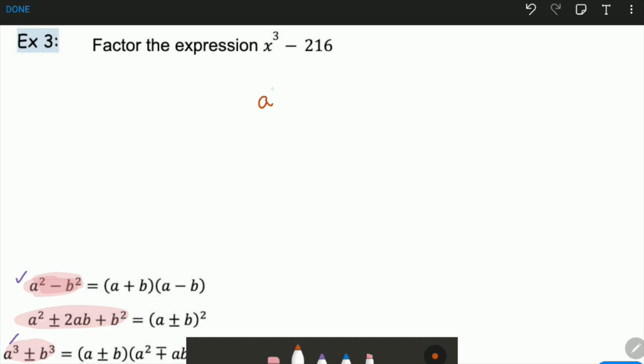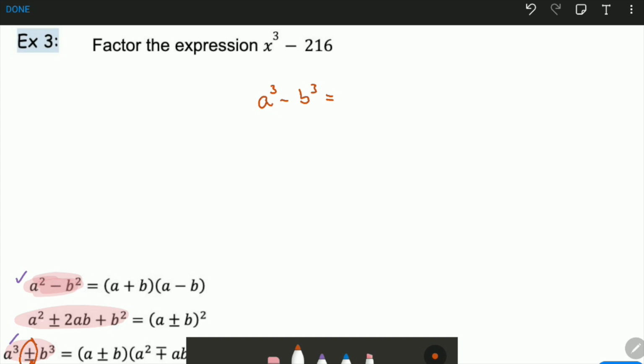So a to the third. Now, the plus minus sign in this formula just indicates whether you're going to keep the sign the same or change it. Since our original sign is the minus sign, we follow the bottom sign when there's a double sign. So it's going to be a cubed minus b cubed to start.